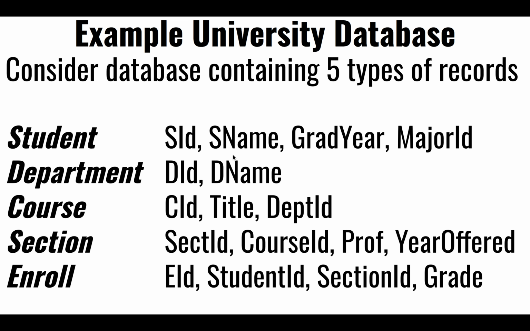For instance, the student has an SID, the department has a DID, the course has a CID, and so on and so forth. These uniquely identify these data points, and they are used for other data points to be able to refer to those unique identifiers. See that? So here the section ID and student ID are referring to that section ID, and that student ID over there, right?